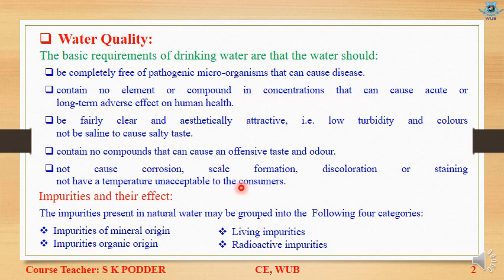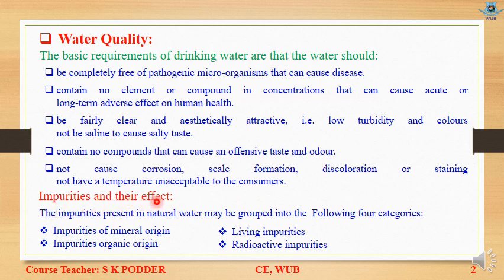So it should be corrosion free. It should not have scale formation or discoloration, that means color would not be changed, or staining, that means there is no staining action here, and not have a temperature unacceptable to the consumer. So temperature would be in good form.